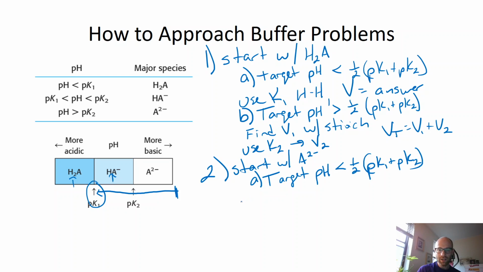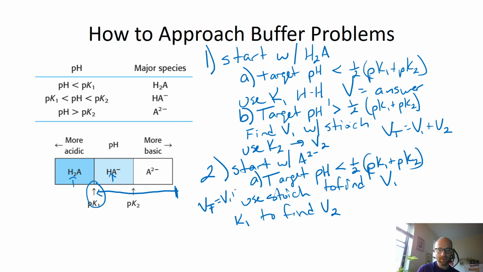So again, you have to use stoichiometry to find an equivalent. You're going to use K1 because that's the formula that dominates the solution that you've now made. You're going to transition to the intermediate and then keep going to make some of the fully protonated. And then the total is the sum of the parts.